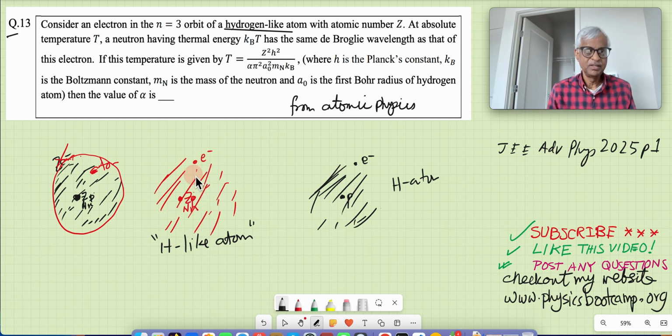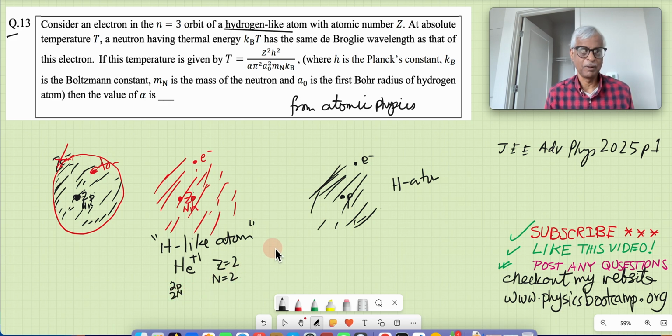If you took helium and stripped one electron from it, this would be an example with Z equals 2 and N equals 2. Helium has 2 protons and 2 neutrons.